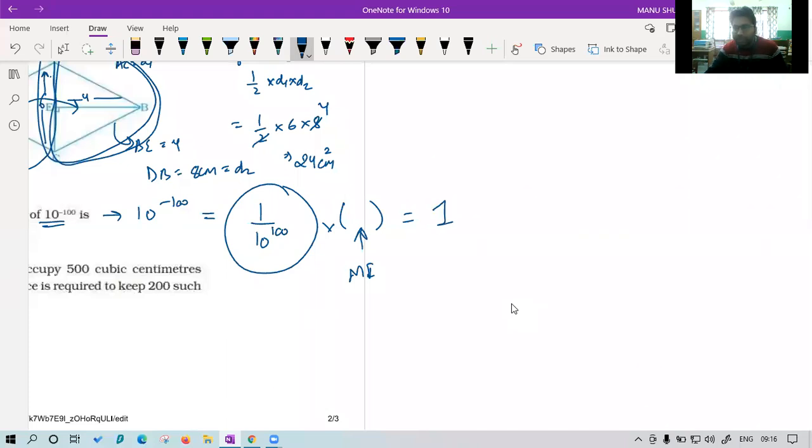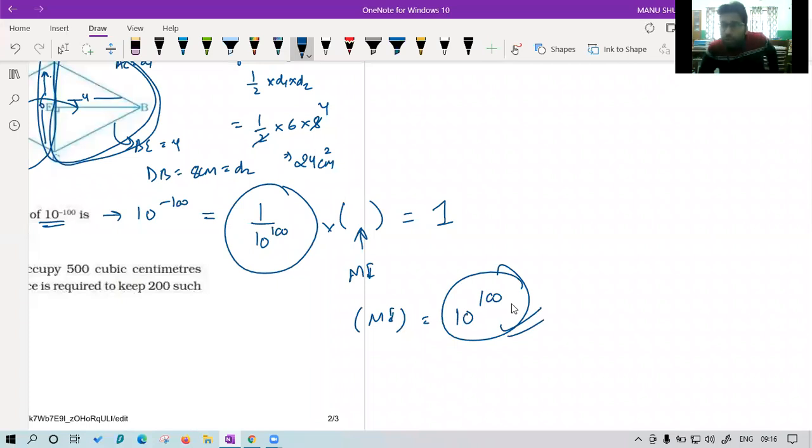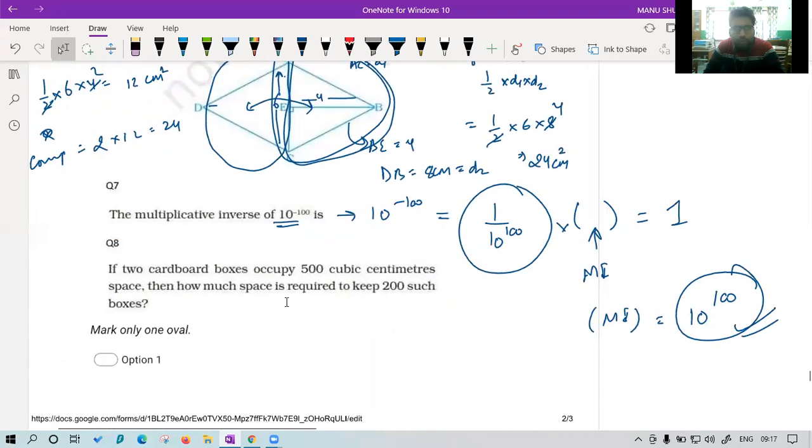So if I keep this multiplicative inverse on this side only, it will go to that side and the answer is 10 power 100. Don't get confused by negative powers, okay? Always try to make it positive to get a clear picture in front of your eyes. Fine? Then the last one is simple.